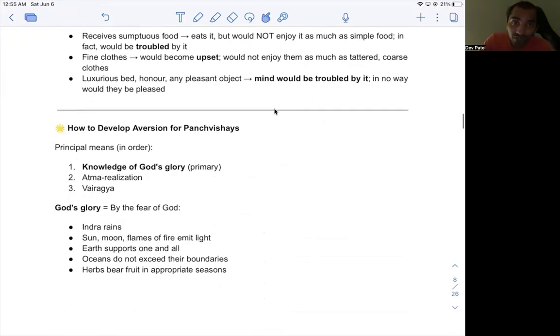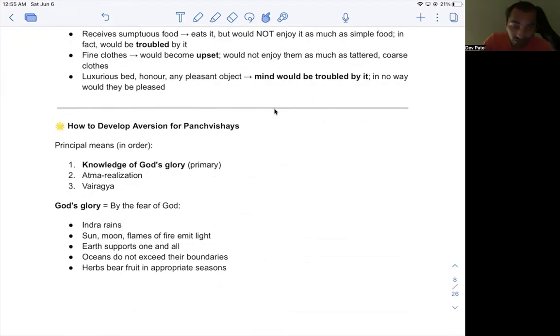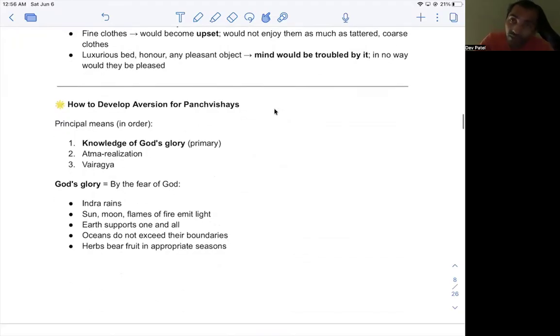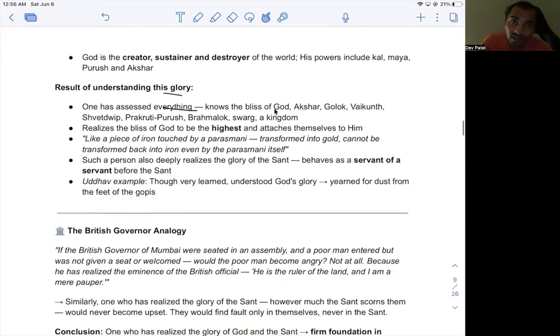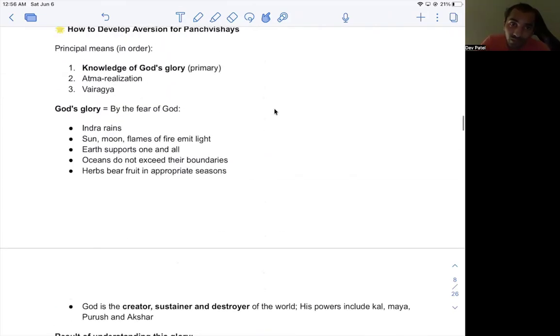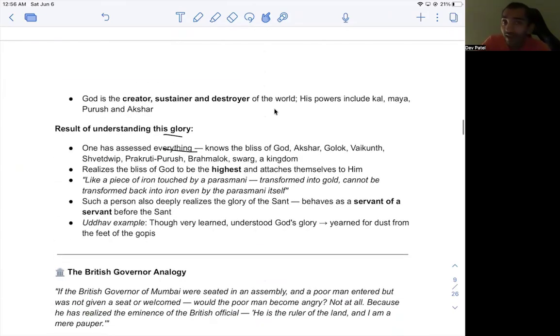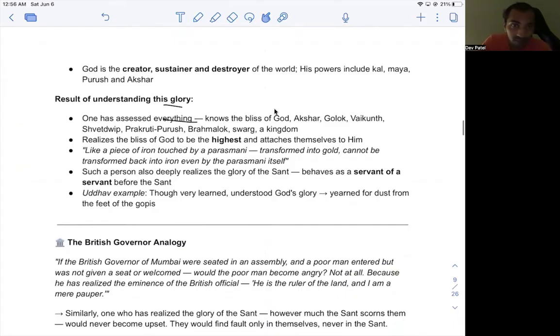So he develops aversion for these issues. You have knowledge of God's glory, you have Atma realization, and you have Vairagya. When you have these three, you develop aversion for these issues. And the result of understanding the glory is that you have access to absolutely everything.